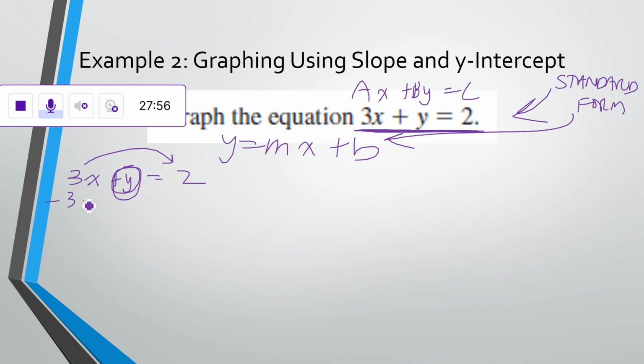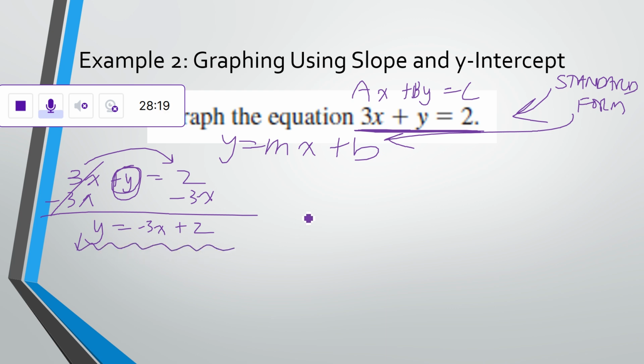Let's go ahead and subtract it on both sides of the equal sign, giving us something that looks like 3x minus 3x becomes 0. We're left with y here. 2 minus 3x, we can't combine. So let's go ahead and write them out like what we have here for slope-intercept form. Negative 3x plus 2, and this should be our newly written slope-intercept form.